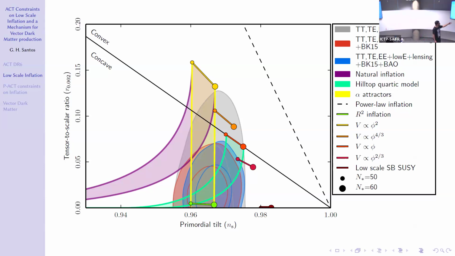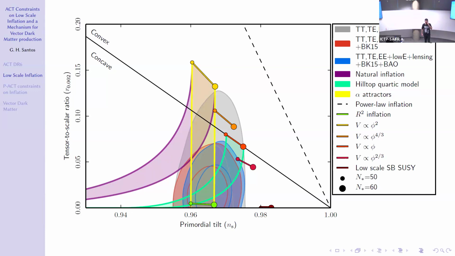Here we have some of the potentials being analyzed. We have different potentials for the inflaton, and a few of them are more favored than others. One important thing we can observe is that for low-scale inflation, I automatically have a very low value for the tensor-to-scalar ratio. Consequently, models like natural inflation and hilltop quartic, which drag this curve down here, show a spectral tilt that is outside the allowed parameter range. So these two models, for example, are not viable in low scale.